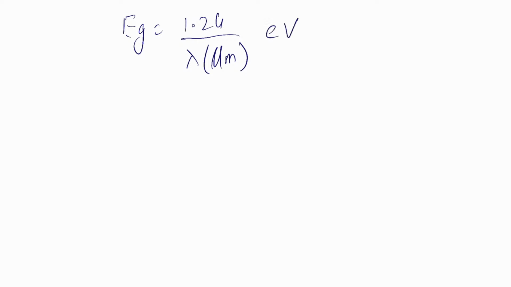In your quizzes, mid, final, everywhere, the only trick would be this: you are given some different value of lambda and then you realize, oh no, lambda was always in micrometers. So first convert it into micrometers and then put it in the equation. Okay, got it? So that's your equation number 2.